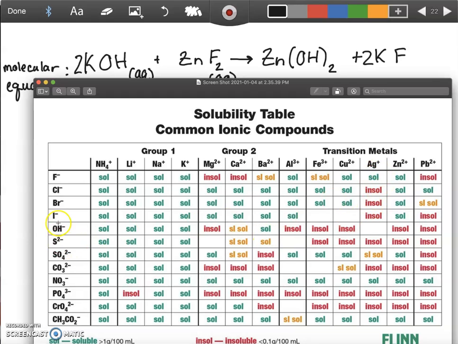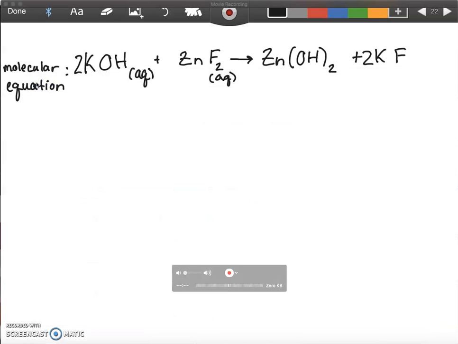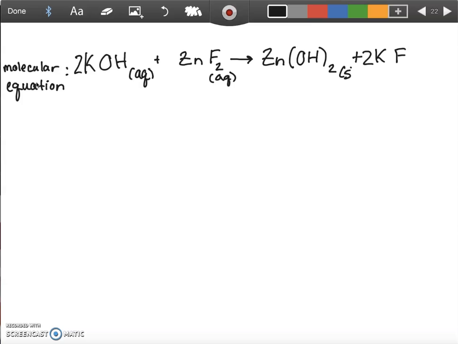And if we crisscross it correctly, we will see that zinc 2 hydroxide is insoluble in water. Insoluble means that it will not dissolve in water. So if you put solid zinc hydroxide in water, it will stay in the solid phase. Okay, so this right here is a solid.